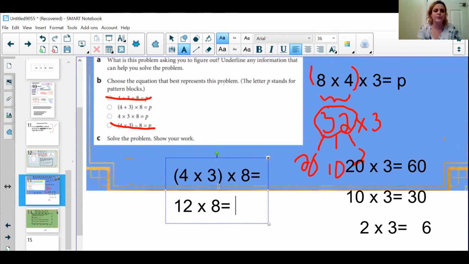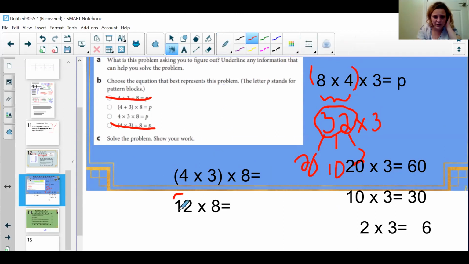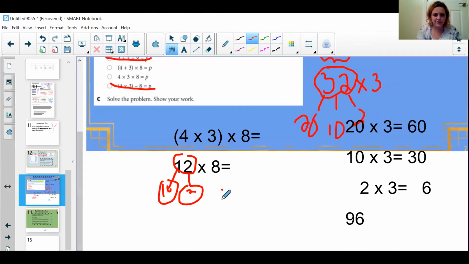If I don't know my multiples of 12 yet, I'm going to decompose again. So let's do our marker. I'm going to decompose that 12 into a 10 and a 2. And I know 10 times 8 equals 80.